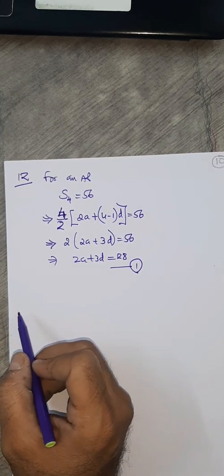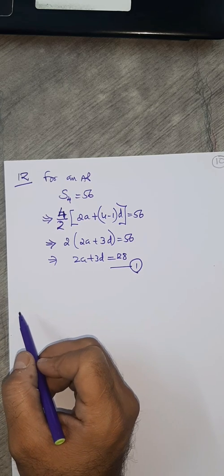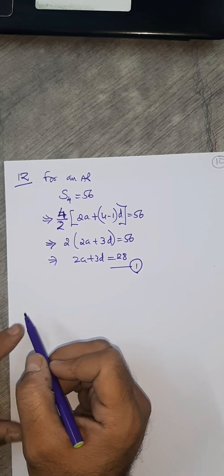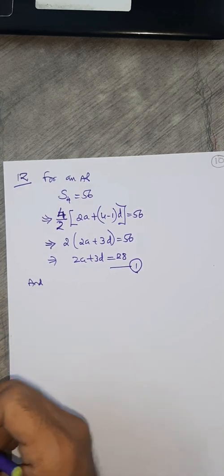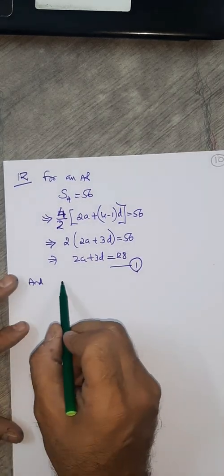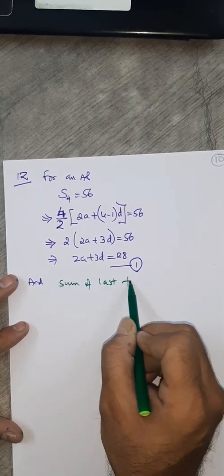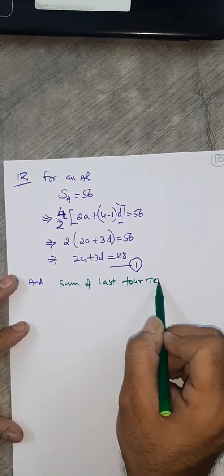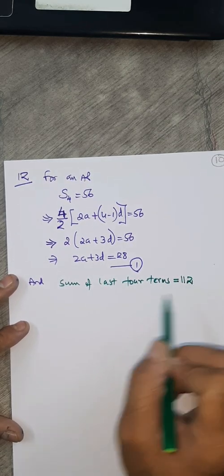Okay. Now we are given the sum of the last 4 terms. Let's write that: sum of the last 4 terms equals to, how much are we given? 112.